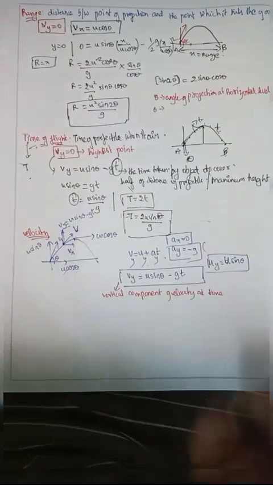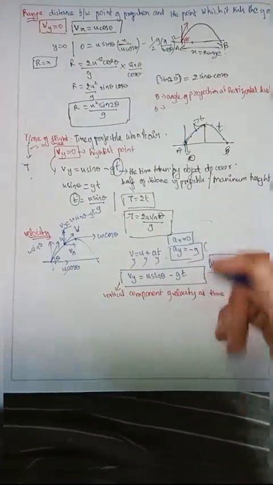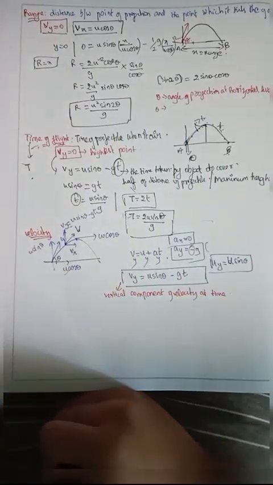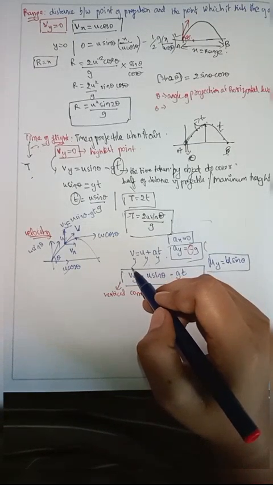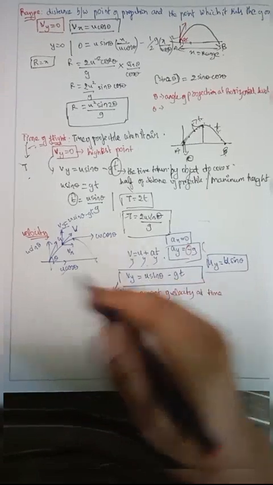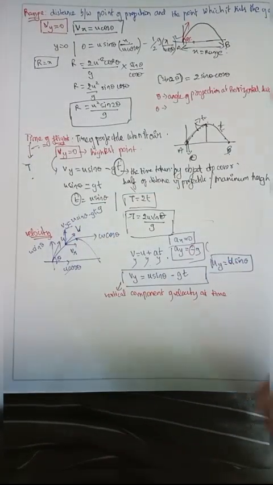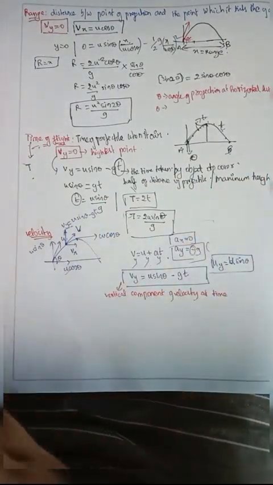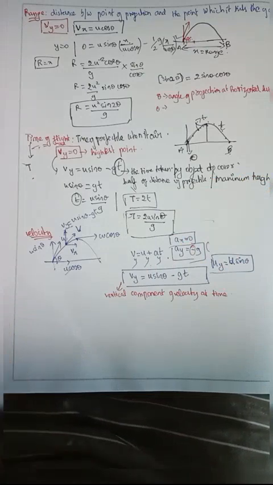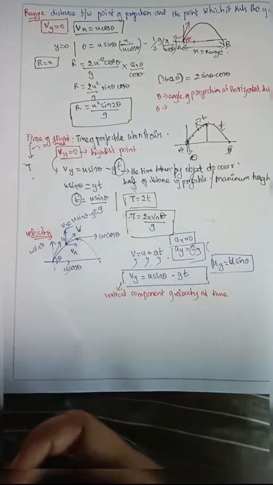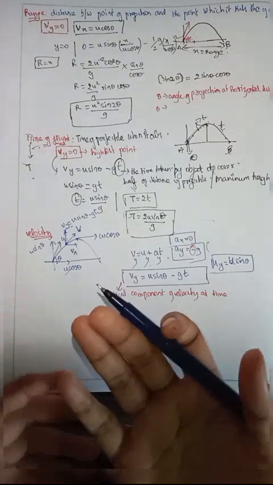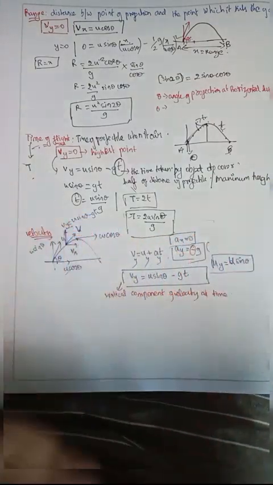Since the velocity is upward and the acceleration is downward, we are considering the minus sign here. This is the final velocity in the vertical direction. Since the acceleration in the x direction is 0, there is no need to consider the final velocity in the x direction, because the final and initial velocity in the x direction all remain the same, equal to u cos theta.